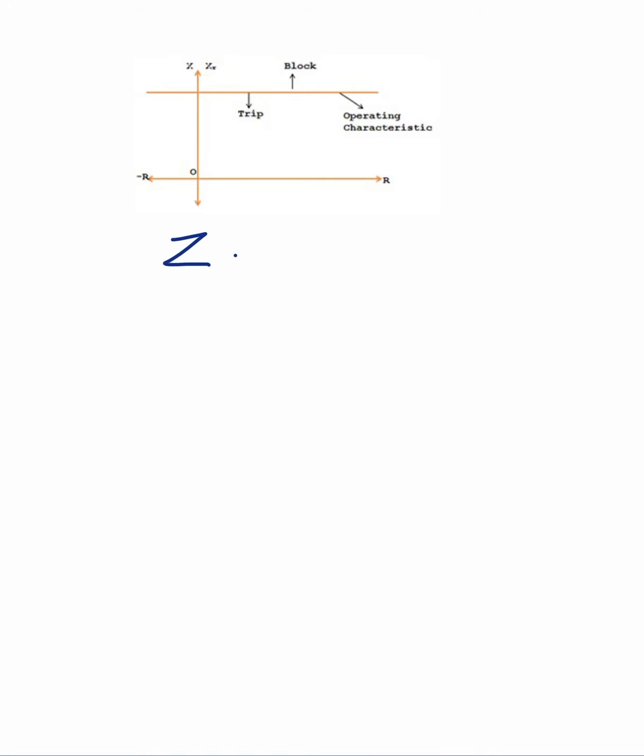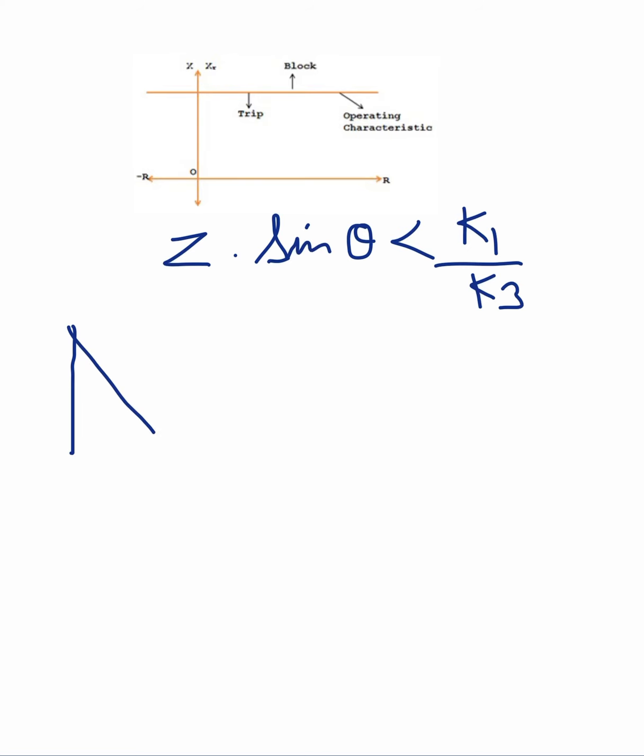So means Z into sin theta, what is the sin theta? Less than K1 upon K3. So according to the triangle, this is R, angle theta, X and Z. So here we can write Z into sin theta, that is perpendicular by hypotenuse.